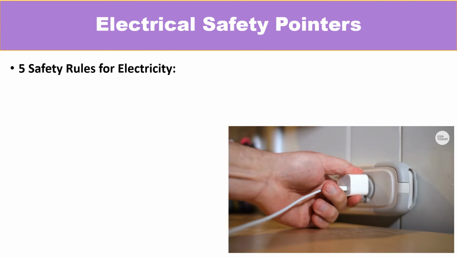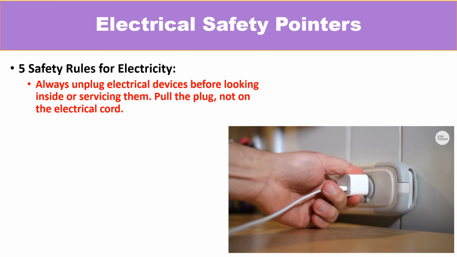Third rule, I kind of combine two things that go along together. Number one, always unplug electric devices before looking inside of the devices or servicing them. So for example, if you have a problem in the refrigerator, obviously you have to unplug first. And by the way, talking about unplugging, a lot of students do this without noticing. Pull the plug, not the cord.